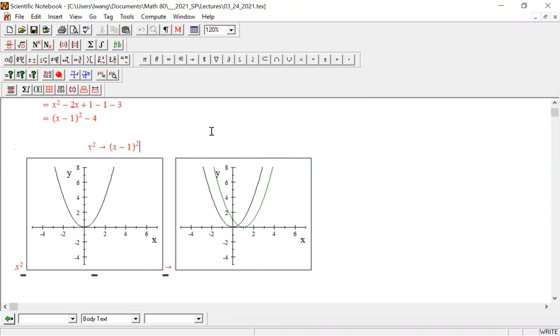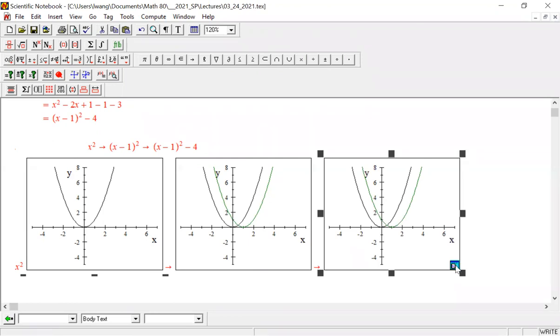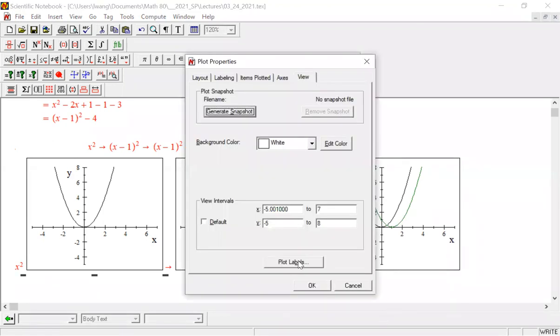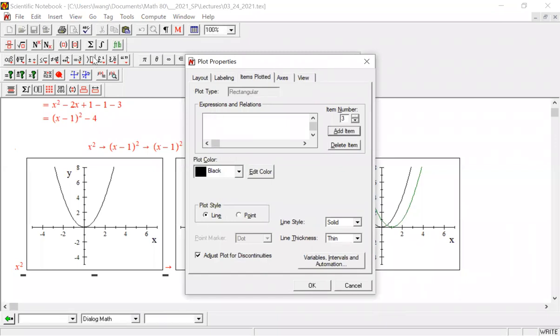And then one more time, we shift it to x minus 1 squared minus 4. So this is a vertical shift, and it is going to be the final shift. We shifted down by 4 units.